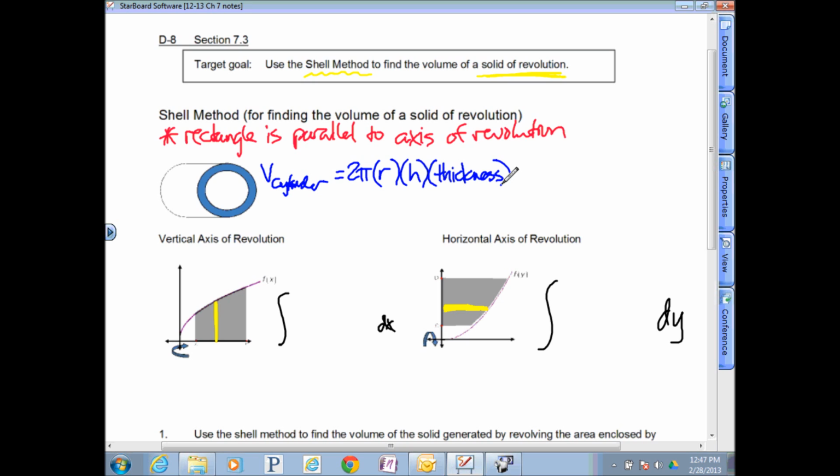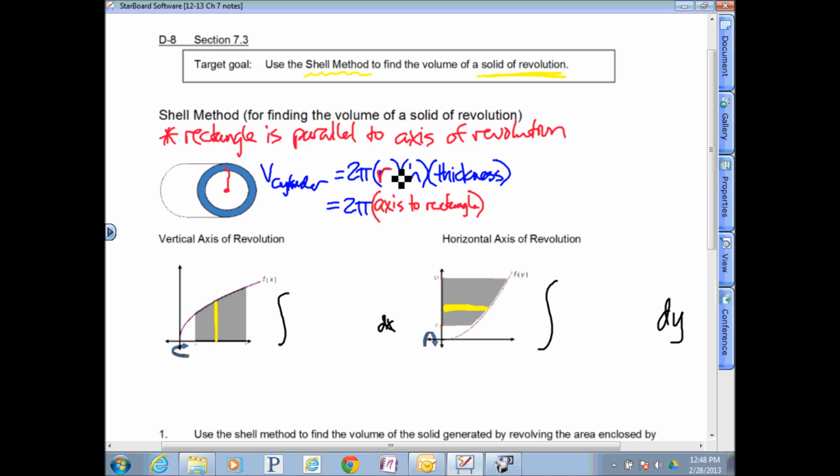So this little cylinder that I'm making is going to be called a shell. And basically 2 pi is going to be a constant that's along for the ride. The radius is going to be the distance from the axis to the rectangle.